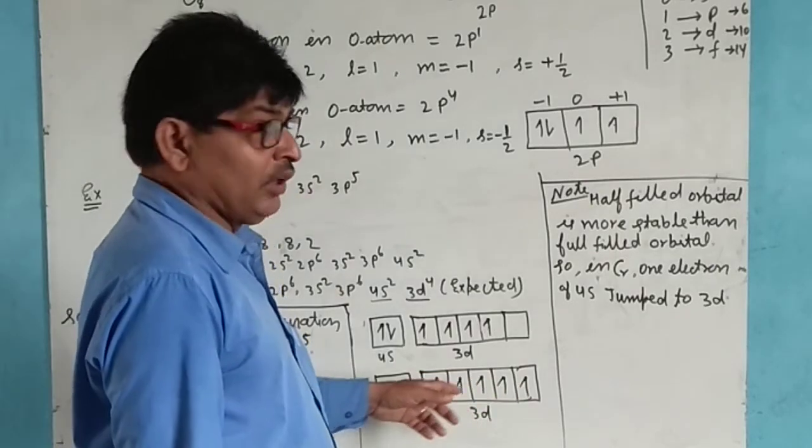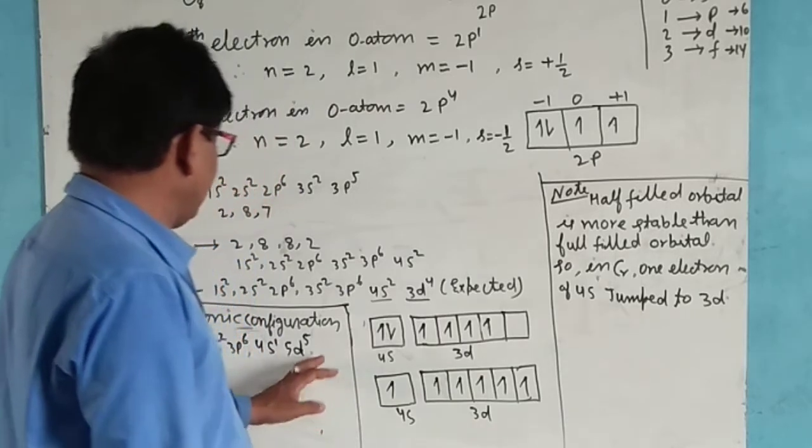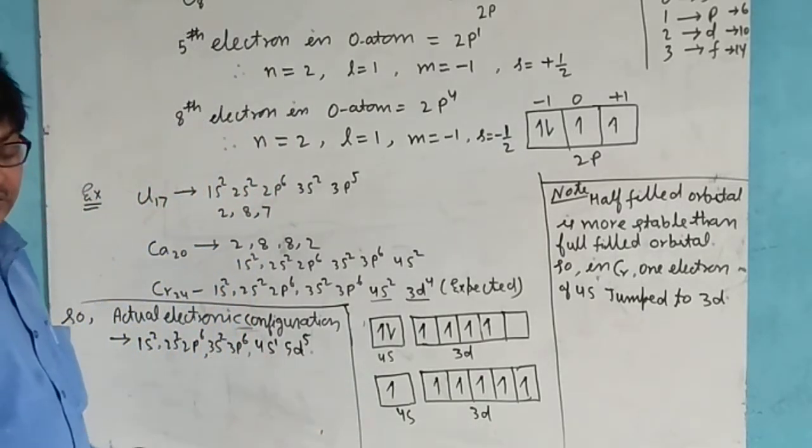All the orbitals are half-filled and it is stable, so this is the correct electronic configuration.